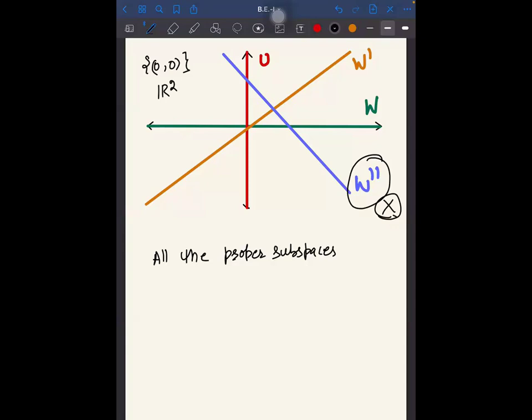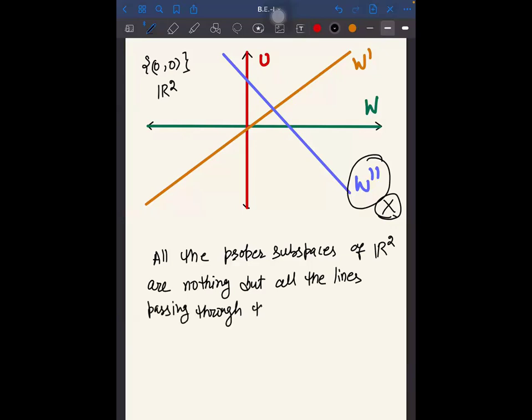These two will always be subspaces. The set itself will be a subset of this, and only the identity element will also be a subspace. So all the proper subspaces of R2 are nothing but all the lines passing through the origin.